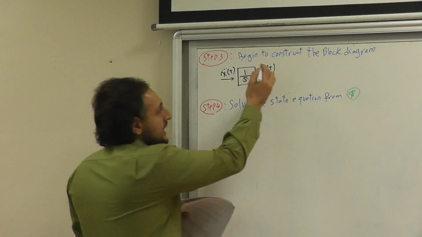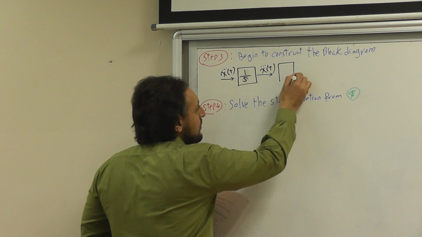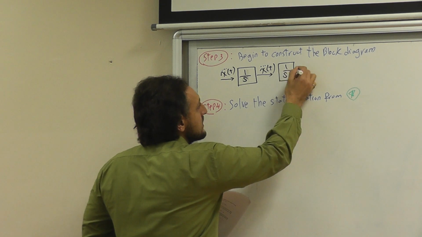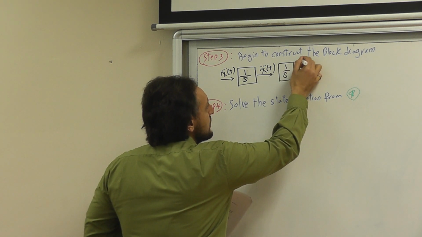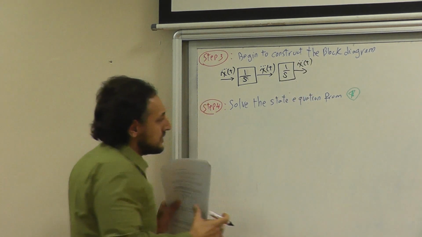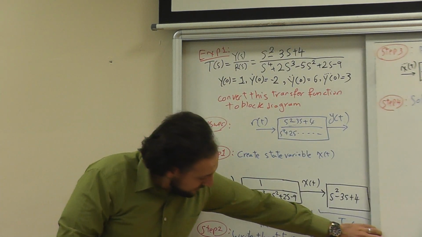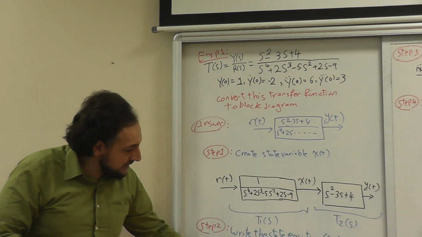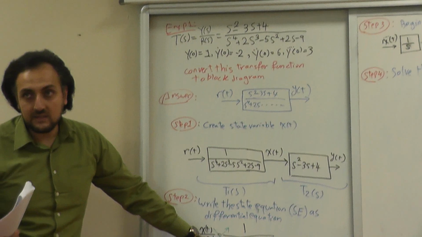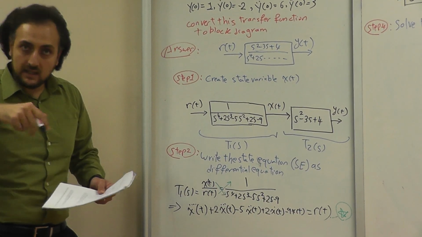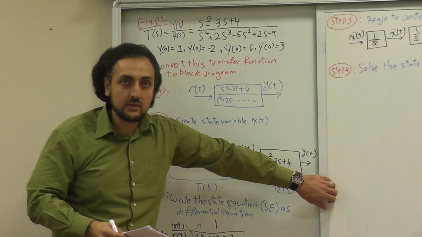Then we will have 1 over s x 2 dot t. Because look, for here, we multiply this with s, it means derivative. But 1 over s, it will be integrator.